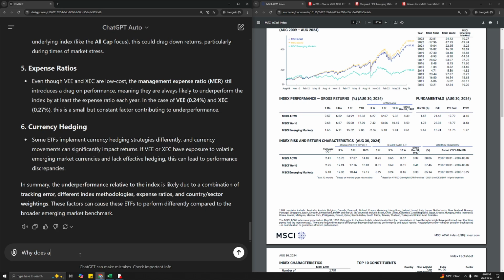Why is adding bonds into an all stock portfolio risk reducing?